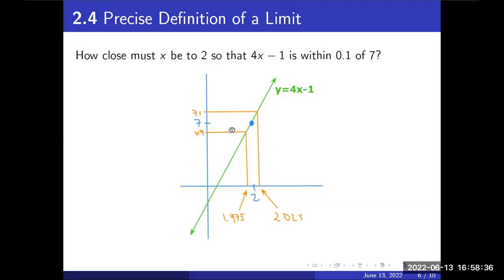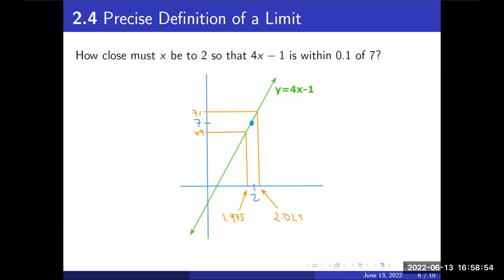If we do that at 7.1 and drop, it would cross the x-axis at 2.025, the same number we saw a moment ago when we isolated x in the inequality. And 6.9 would land at 1.975.